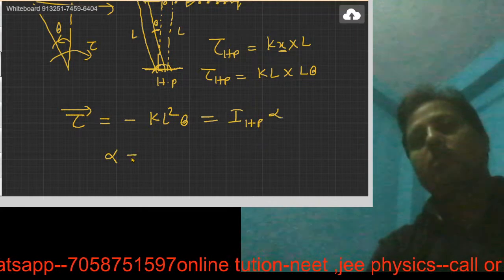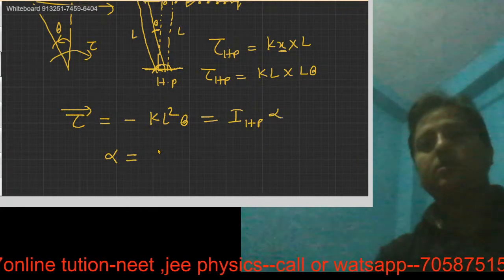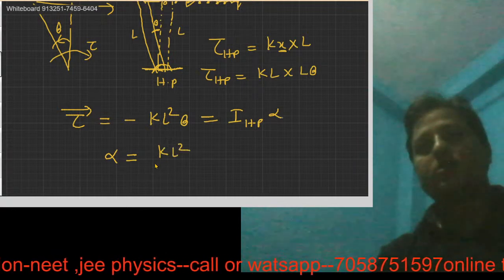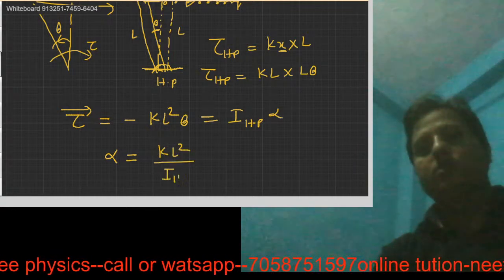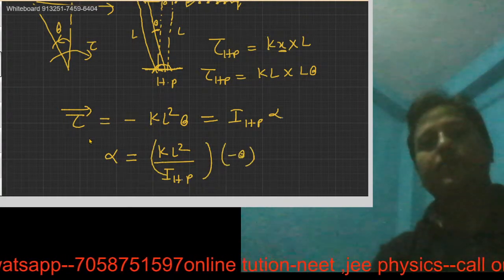So what is alpha of this rod-spring system? Alpha is kL square over I about the hinge point multiplied by minus theta.